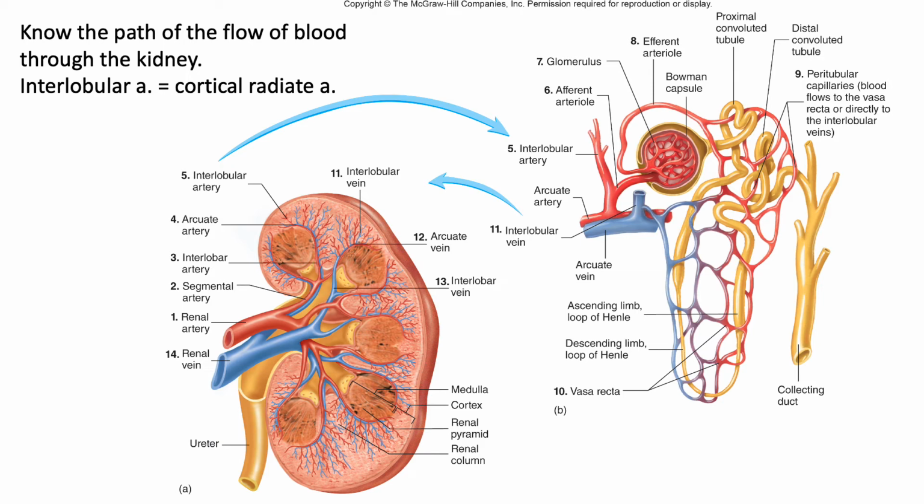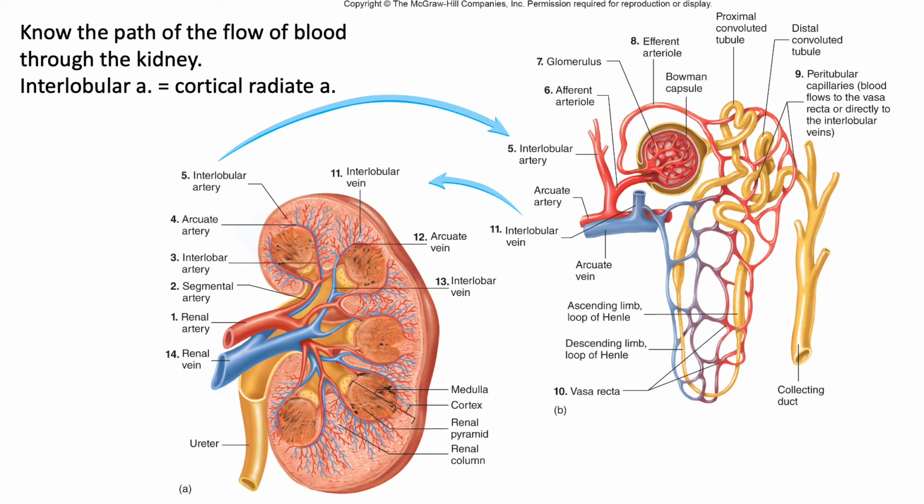The next branch from the interlobular or cortical radiate artery is the afferent arteriole, which flows into the glomerulus. Blood flows out of the glomerulus to the efferent arteriole and into either the paratubular capillary set, if you're talking about a cortical nephron, or into the vasa recta if you've got a juxtamedullary nephron.